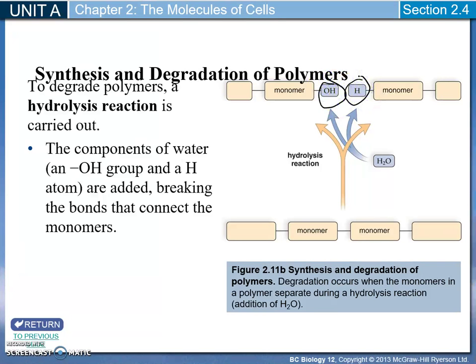So you need to add H2O to that particular reaction in order to restore a polymer back into its monomers. So those are some examples of a couple of different reactions, and we will be looking at the functional groups and further reactions in greater detail in subsequent lessons.